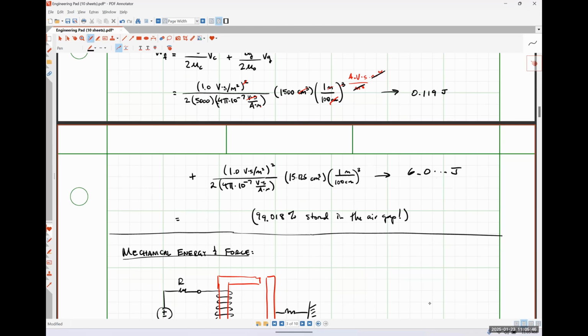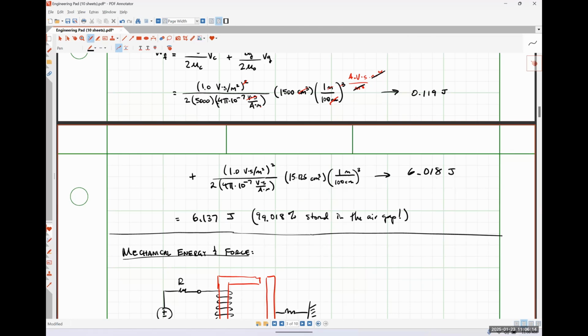And then 15.125 over 100 cubed comes out to be 6.018 joules when I add those together. 6.137 joules.